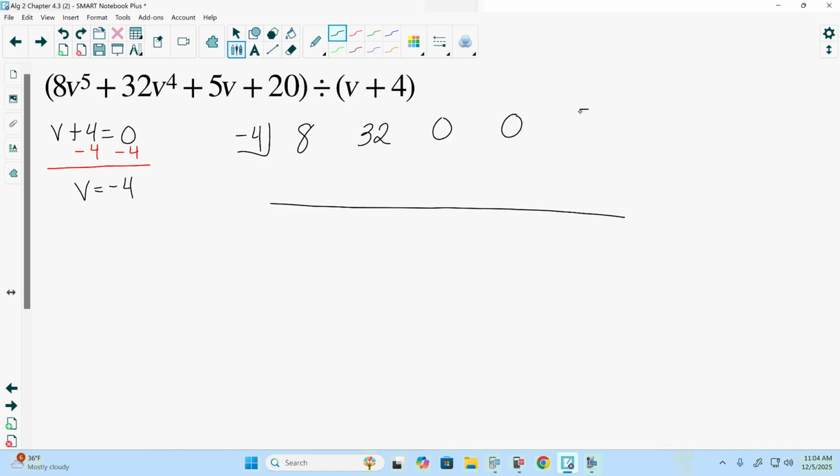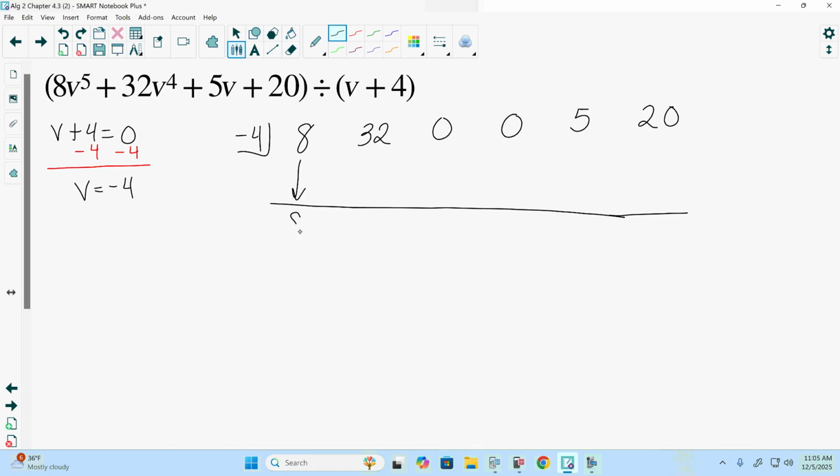Now v would be 5, and our constant term would be 20. Since the degree of what's being divided is 5, we should have 6 terms. We have 8, 32, 0, 0, 5, 20. And if any of those were minused, it would be negative. Questions on this here?